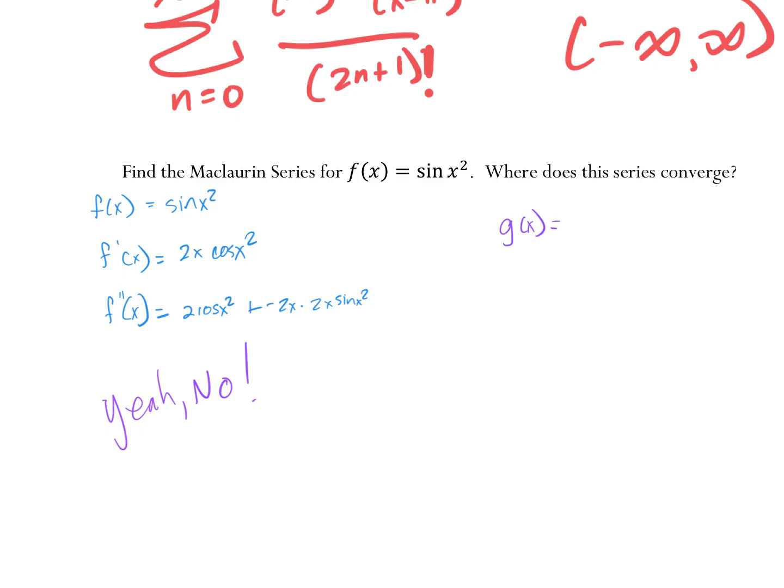I'm going to let g of x equal sine of x. And we just figured out, not that long ago, that g of x would equal the sum of negative 1 to the n, x to the 2n plus 1 over 2n plus 1 factorial, right? We just did this question not 2 seconds ago.